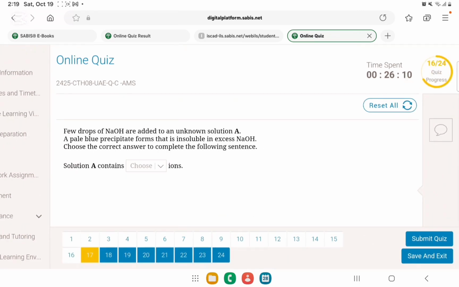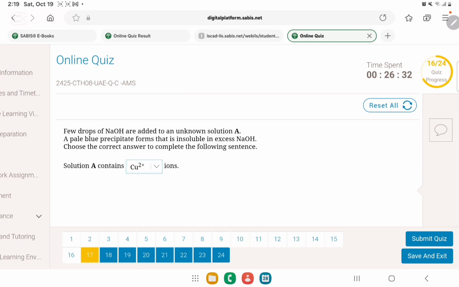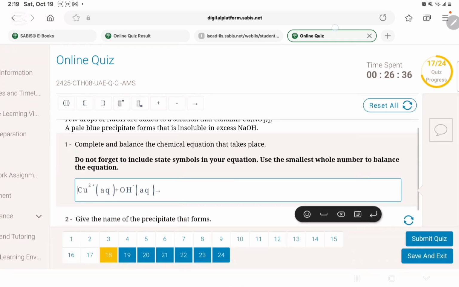Okay, then here a few drops of NaOH, so NaOH plus solution A to give a pale blue precipitate that does not dissolve in excess of NaOH. That's Cu 2 plus, I think, right? It's Cu. Yeah. Okay, then here, again, I'm gonna cross multiply.